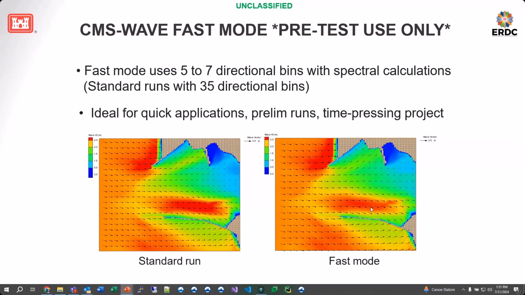We do have some differences in the answer, but overall the picture is relatively the same, and so you can get an idea of where the wave energy is higher or lower. But the point is, at the very end, when you're ready for your final production runs, you turn off the fast mode, and then you just wait for CMS Wave to do the regular calculations.